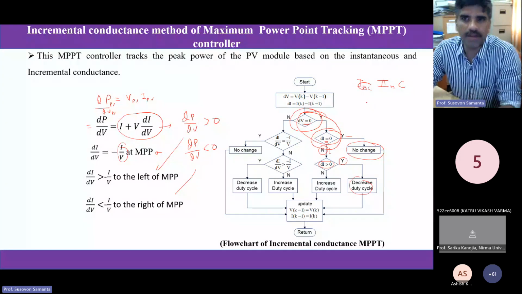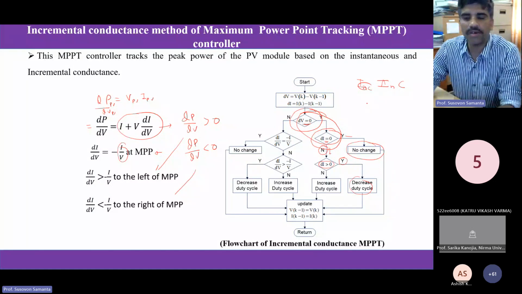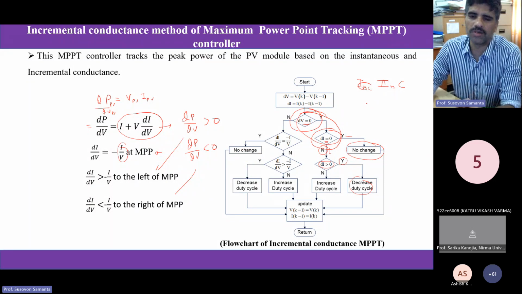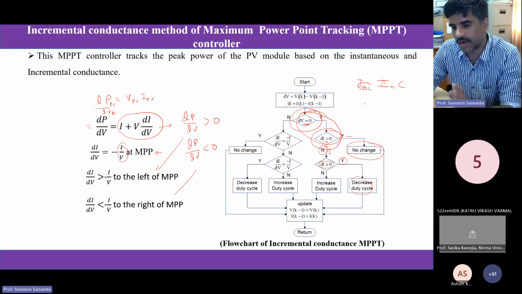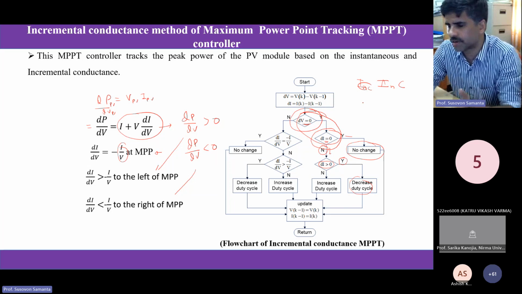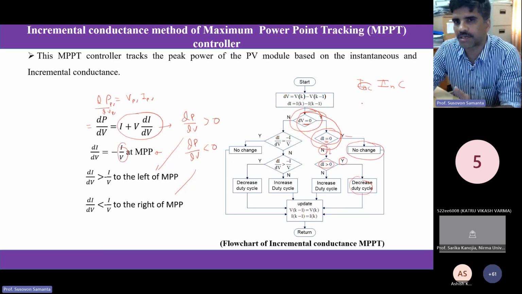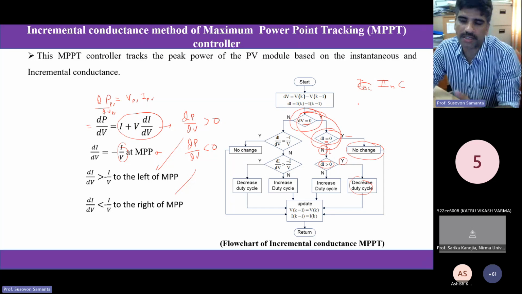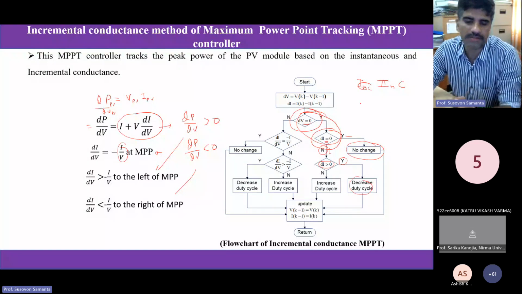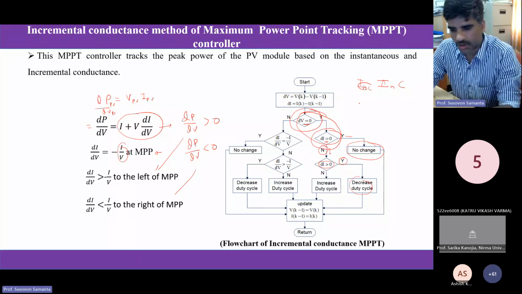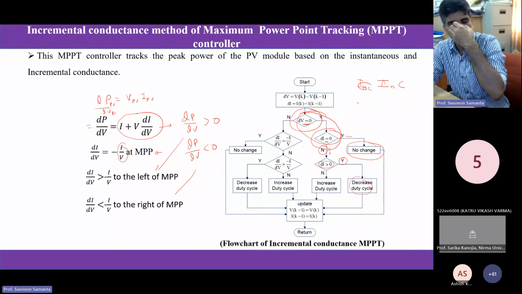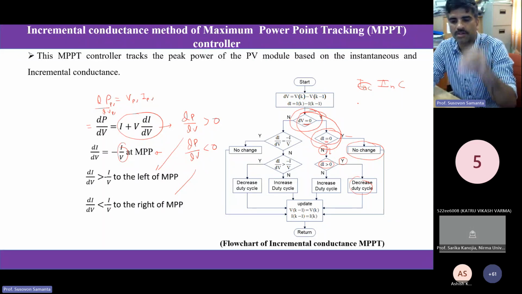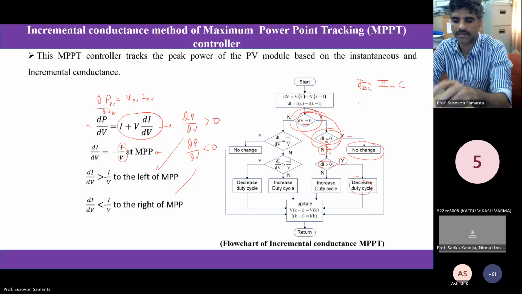So when you implement the INC algorithm, you will see it is almost exactly equal to the P&O algorithm with some delay. There are also, I think around 2015 or maybe 2017, some papers which discuss these issues, the difference between P&O and INC, and they prove that there is actually no difference. So the INC algorithm also has the drift, and it also has the steady state oscillation like P&O.